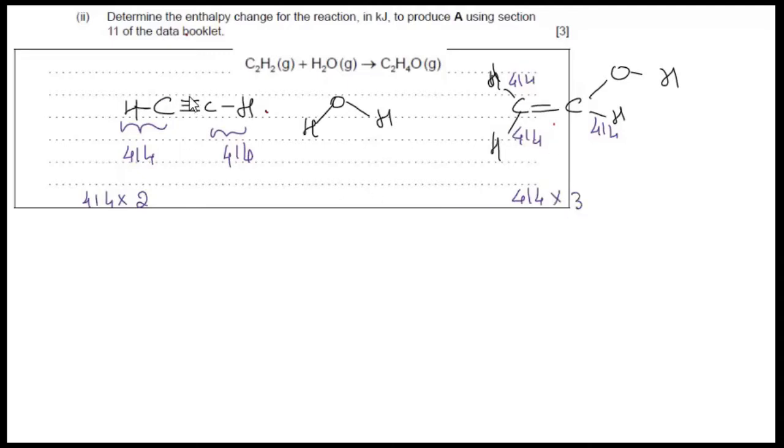So this is CH bond data. Then we have C triple bond C, which is 839. Then we have OH bond, which is 463.